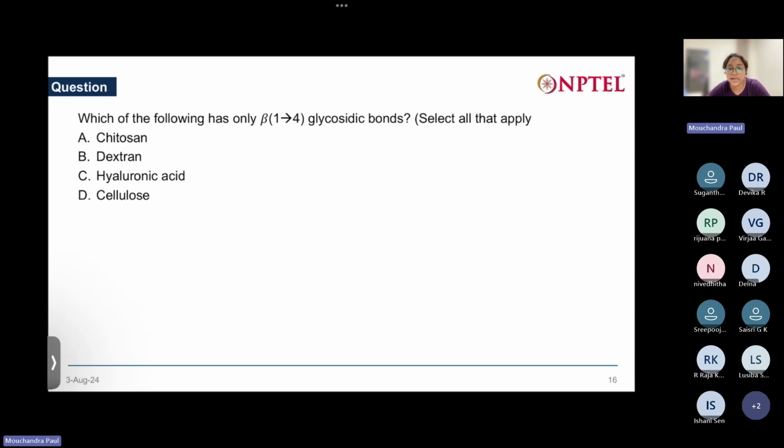I will not fool you like last time. Cellulose. Can you repeat? You spoke so quickly. Cellulose. Okay, I got cellulose, but more than one is correct here.